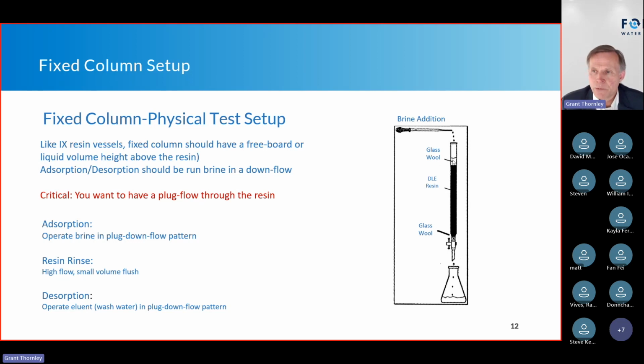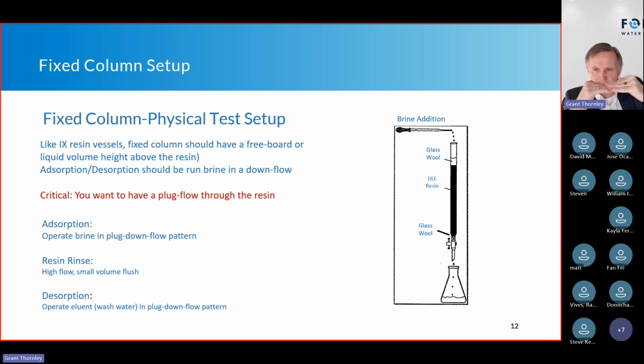Well, why do I put glass wool on this? If you work with ion exchange, one of the critical things is that I don't want to disturb the resin bed, and I want to develop a plug flow, meaning a very laminar flow of the brine through the media, and not turbulent. If it was turbulent, the brine would flow over here, and I'd have some free resin here.